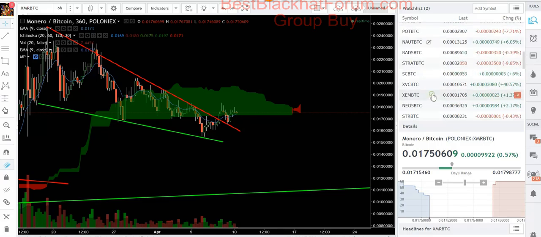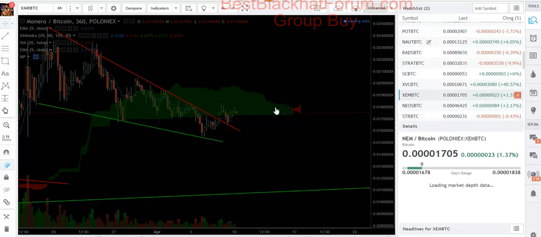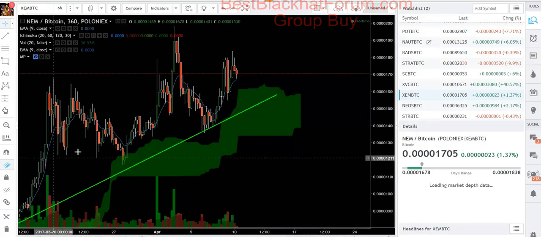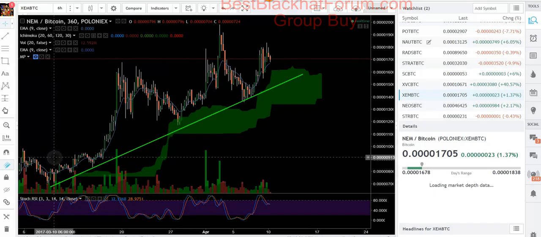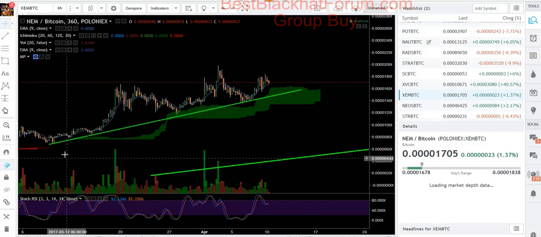Alright, XEM. This is the one I was talking about in the weekly review video that is just kind of on a tear. You can see how, through all its movements in the last 2 weeks, it has really respected this 6-hour cloud and this trend.